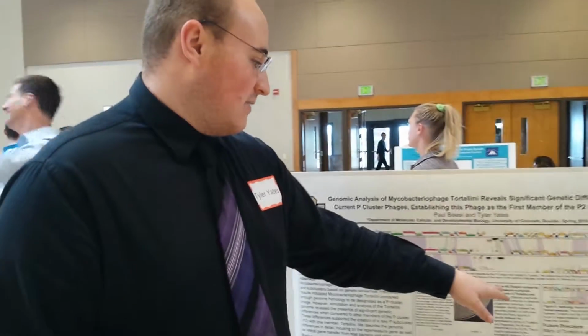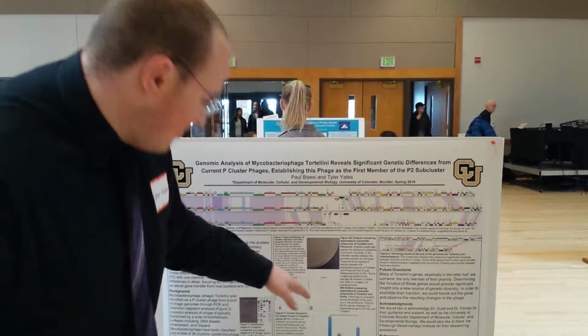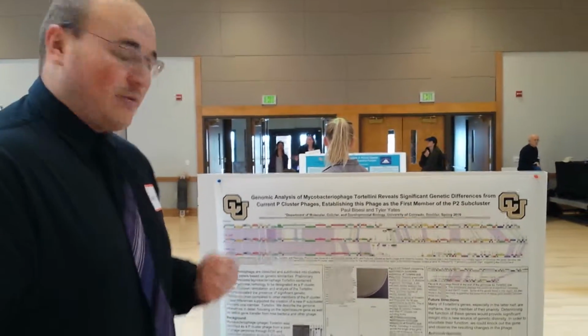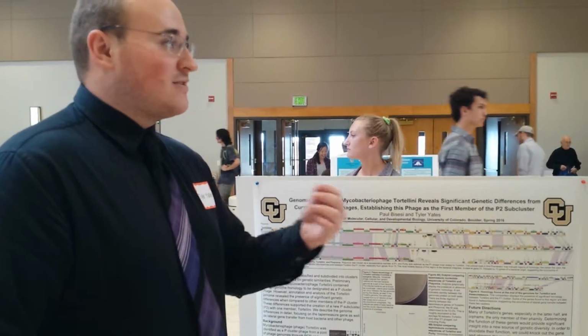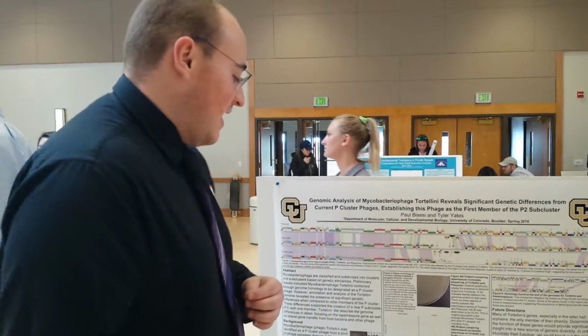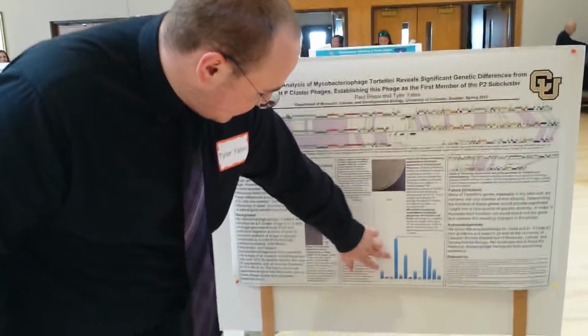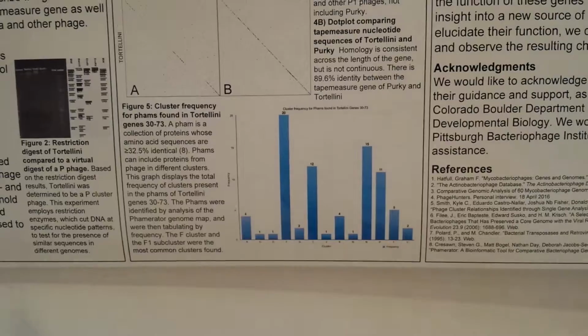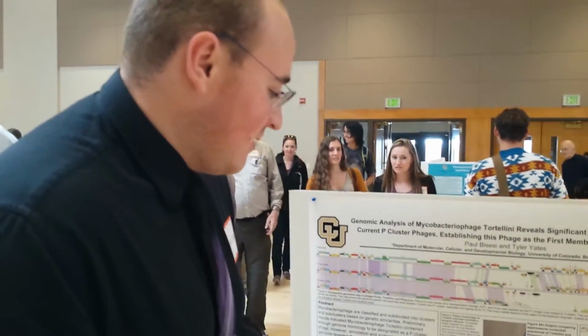So we took all the FAMs present in this latter half, genes 30 to 73, looked at what clusters were present in those FAMs, and then listed them by frequency. The highest one here is the F cluster with 20 members. Second was the N cluster, which I thought was pretty interesting because the N cluster is only 4 or 5 sequences at this point.